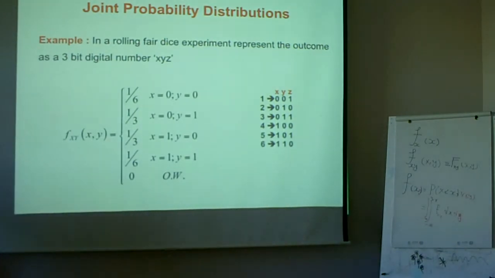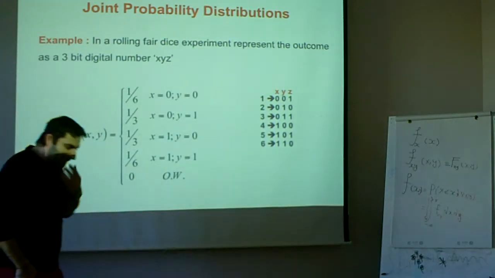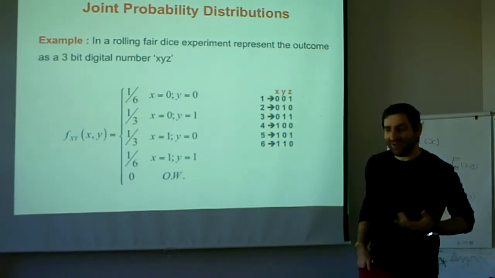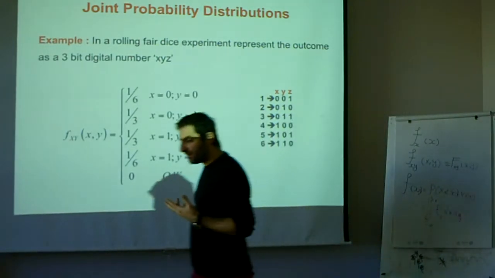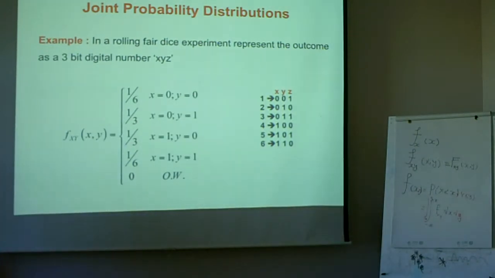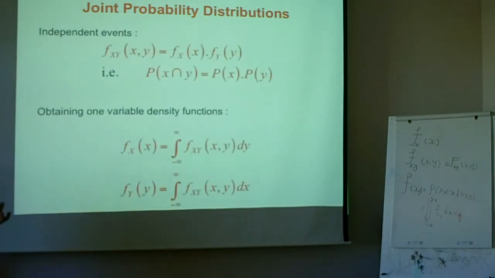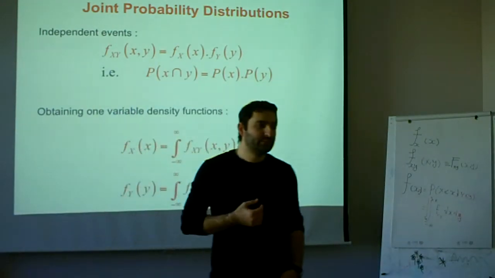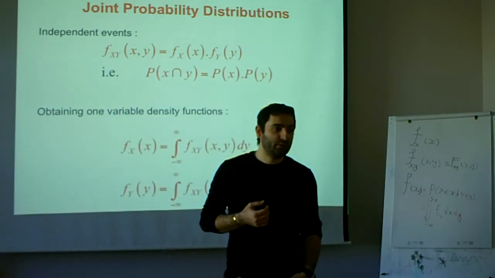Now, why do we need to talk about this joint probability? Because as I said, in reality, when we have an event, it doesn't simply depend on one random variable. It usually depends on many more random variables. But these random variables sometimes behave in a very good way. In other words, they are independent from each other.